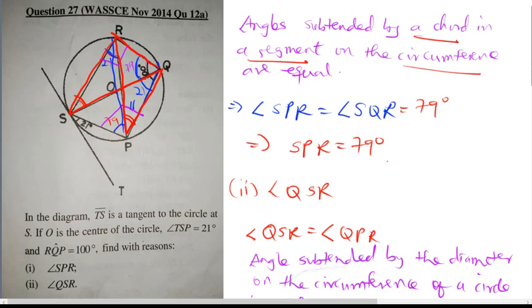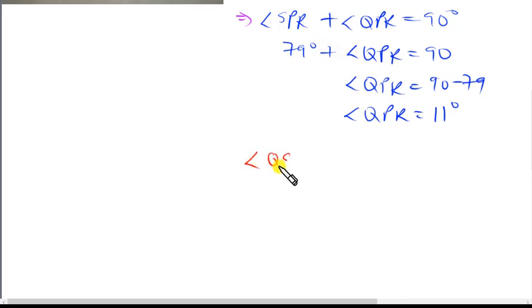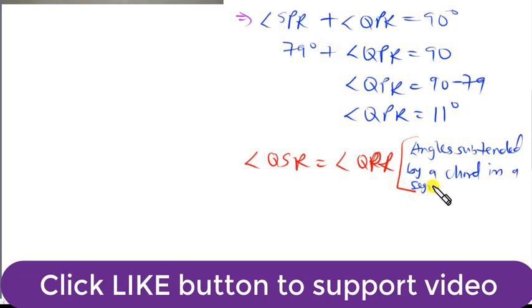So we say the angle QSR is equal to angle QPR, and that is because angles subtended by a chord in a segment on the circumference are equal.